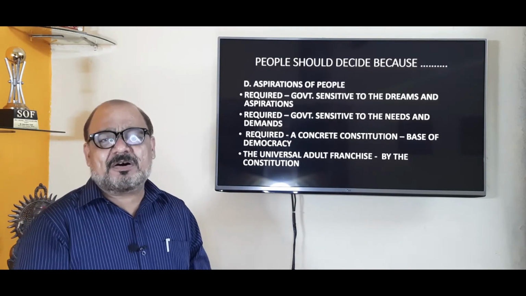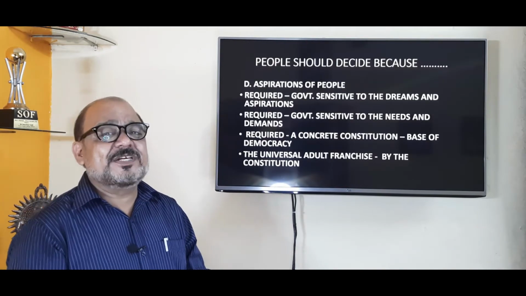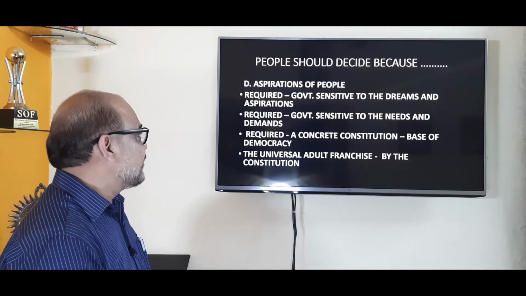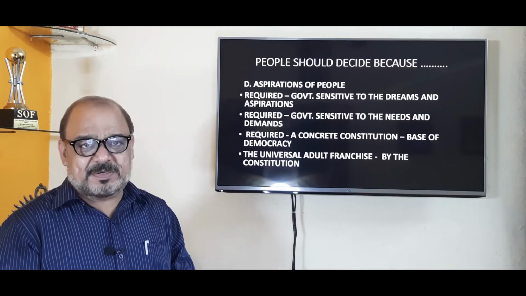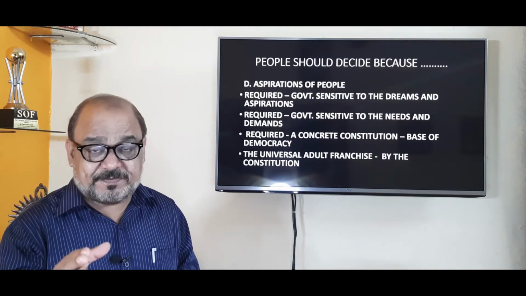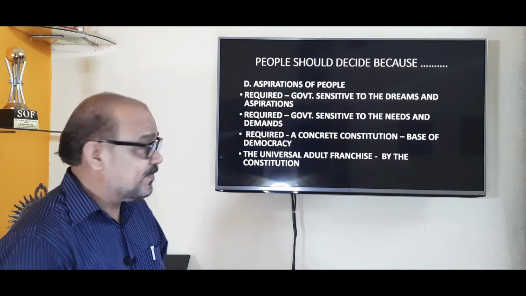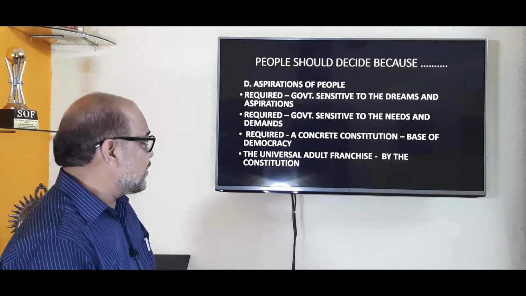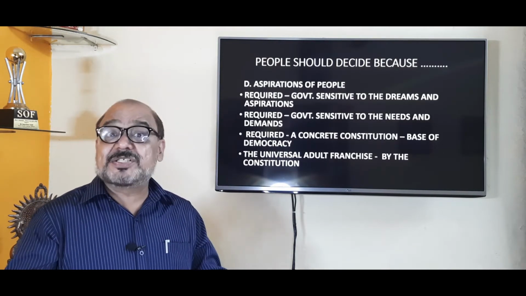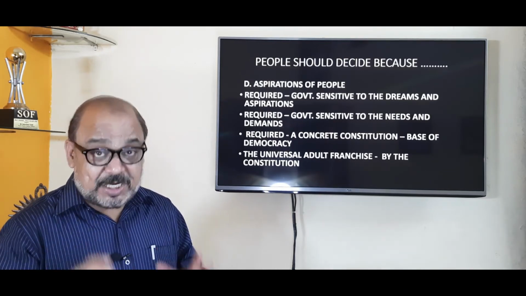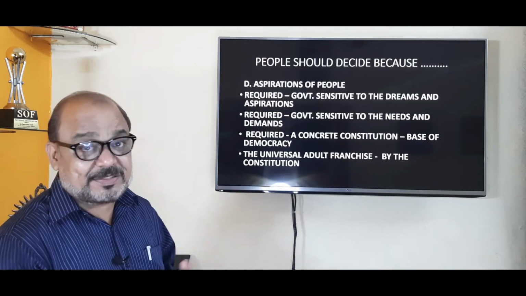A democratic government must be a welfare government, and if it is a welfare government, it will definitely be sensitive to the dreams and aspirations of the people, of the freedom fighters, and of the future generations. Number 2, required government sensitive to the needs and demands. Needs of the people and demands of the people. Government must be sensitive. That kind of government we required at that time.